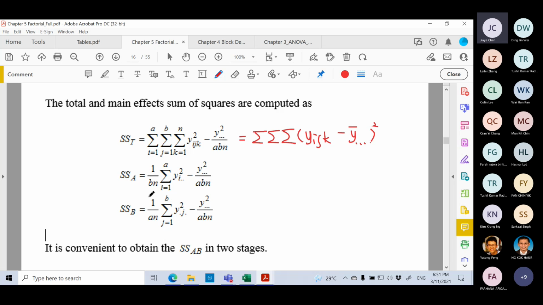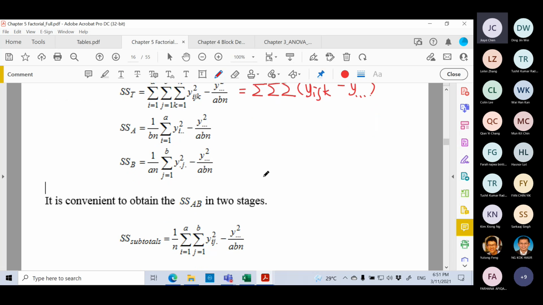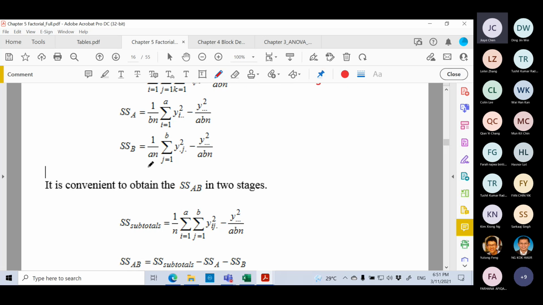However, for the sum of squares for AB, you involve two stages. The first stage is to get the sum of yij dot squared, meaning each cell total squared, minus the grand total term. This gives you the sum of squares for the subtotal; you have not reached AB yet.